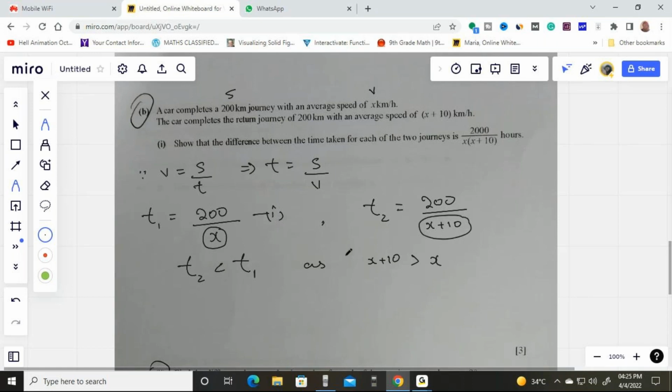The bigger the denominator, the smaller will be the answer. Of course, it's common sense. If your speed is faster, you're going to reach your destination quickly, in a small interval of time. So T2 is less than T1.